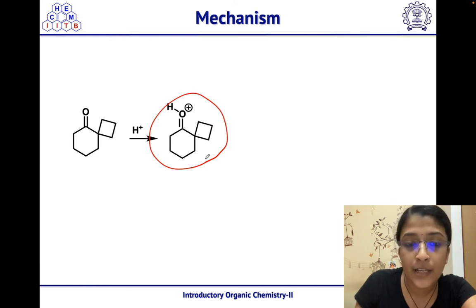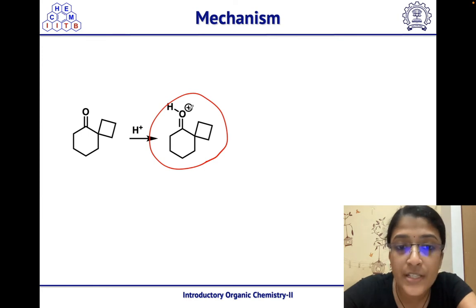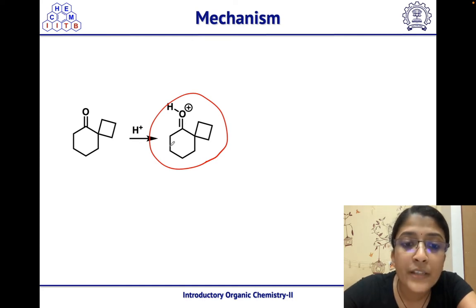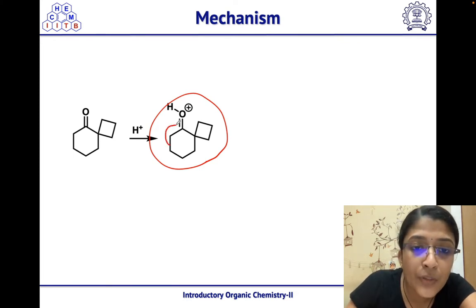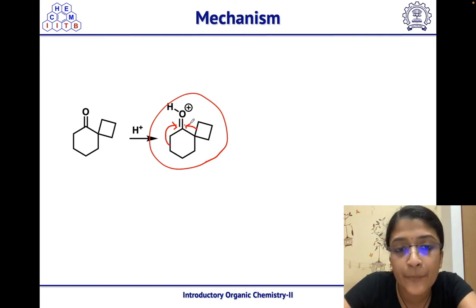In order to neutralize the positive charge on this oxygen, either this carbon-carbon bond can migrate, or this bond can migrate. Which is more likely to take place?